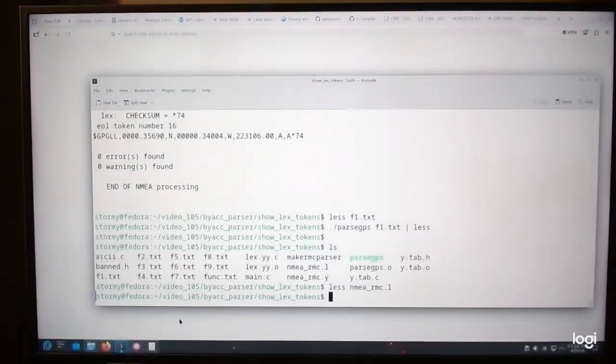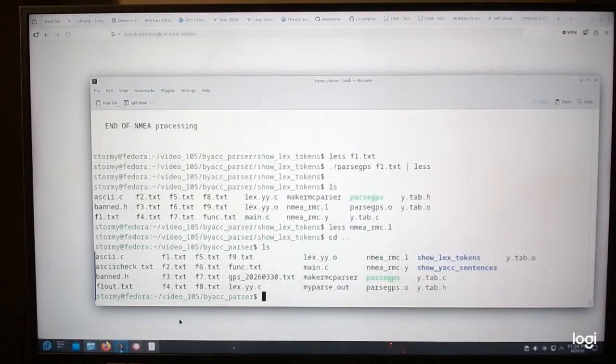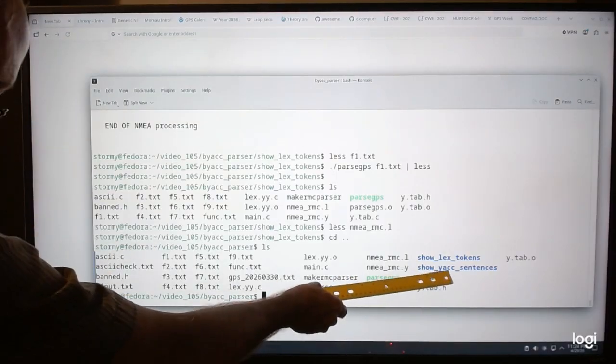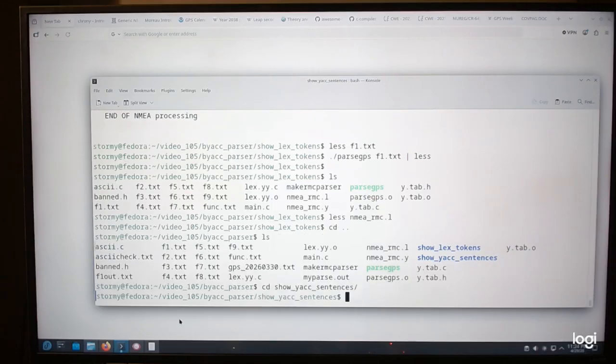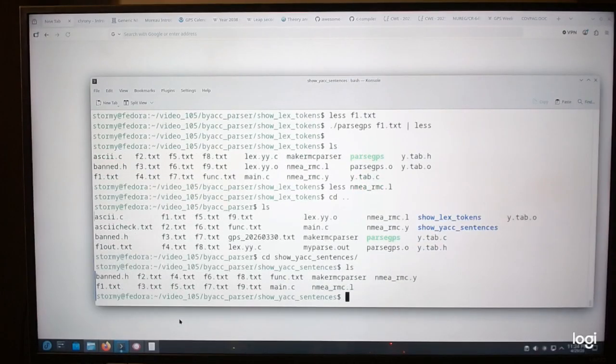Let me see where I am. Let me back up a directory. I think I've got it. Yeah, there it is right there. Show my Yacc sentences. It's kind of the same thing. Let me clear this.